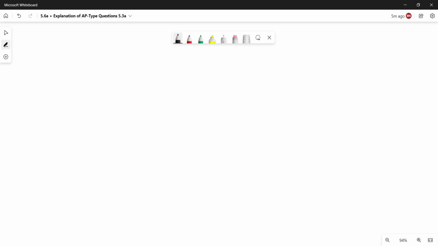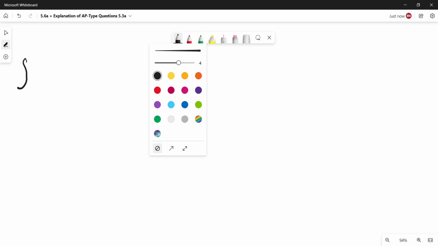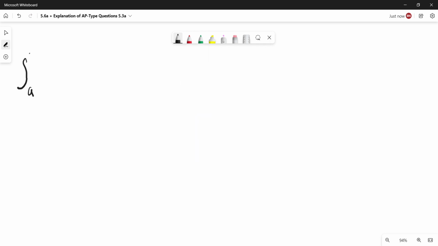Okay, so the area, again, we're saying the integral from A to B of f of x dx approximately equals, and this is for the area of n trapezoids with equal spacing.